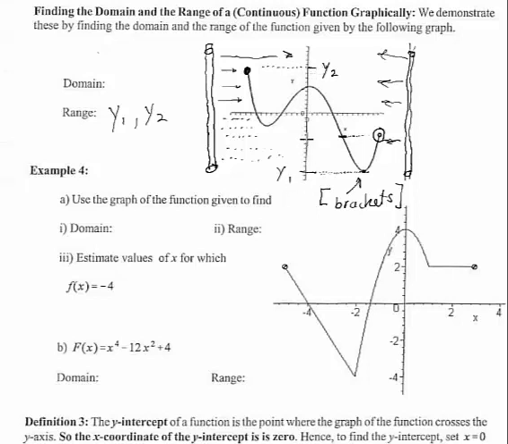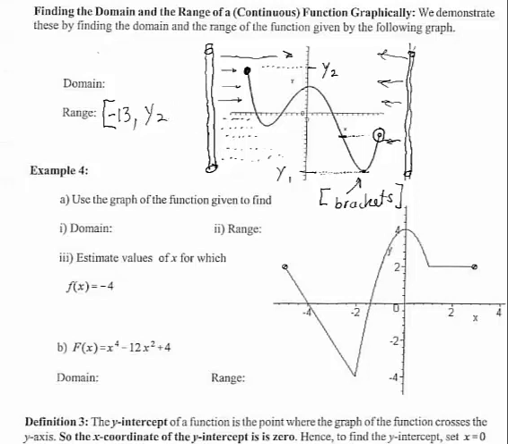So for the range, I'd count down from the origin 1, 2, 3, 4, 5, 6, 7, 8, 9, 10, 11, 12, 13. Hopefully I counted that accurately. I am just going to simply call it negative 13 because I counted down from the origin. And again, I'm going to use a bracket in my interval notation because negative 13 represents a piece of my curve.